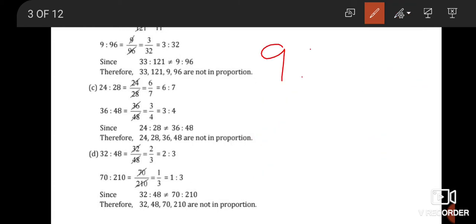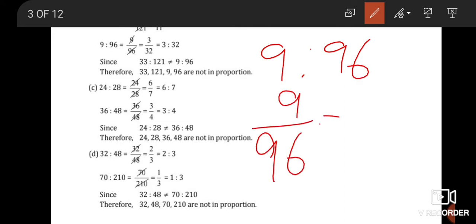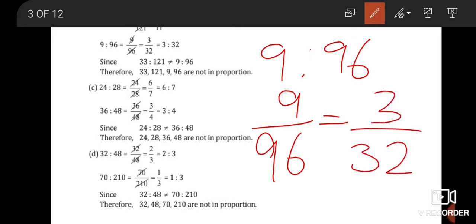Next, 9 and 96. So 9 upon 96. Reduce them by the table of 3. So 3 3 is 9, 3 32 is 96. And 3 and 32 are co-prime numbers, so we cannot reduce them further. So the ratio becomes 3:32.